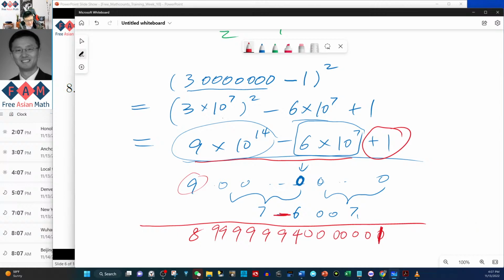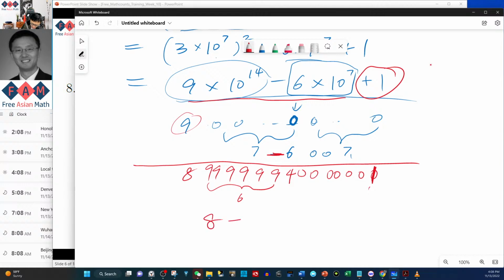It's a very large number, but it's not that difficult to do all the counting here because we know every single digit. We have 1 here, we have 6, 9 here. So it's 8, oops. We have 8. We have 6 9s, that's 6 times 9. We have a 4 right here. We have 1. Okay? 8 plus 4 plus 1, that's 13. 13 plus 6 times 9, that's 54. And this is 67.